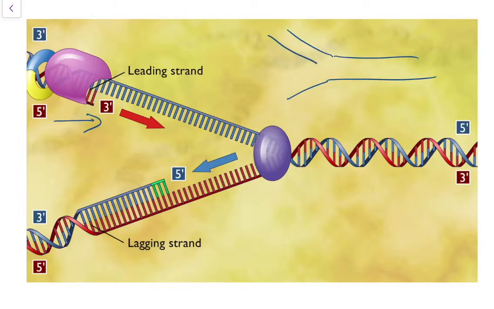So it's going towards the fork on that strand, but 5' to 3' on the other one is going away from the zip. And that means that we can open up, so as we unzip, we can do a section, but that's it. It can only be done in sections. And then more will have been unzipped.